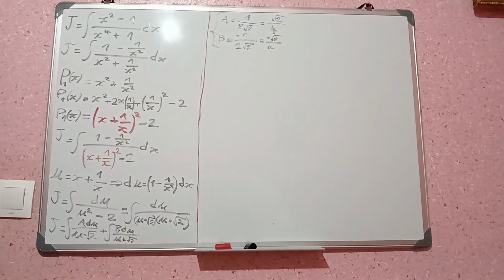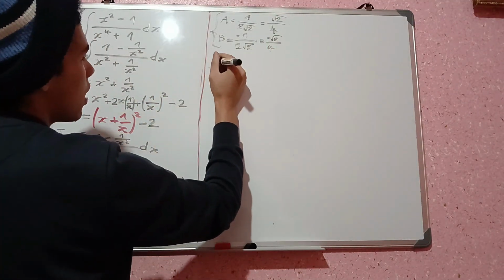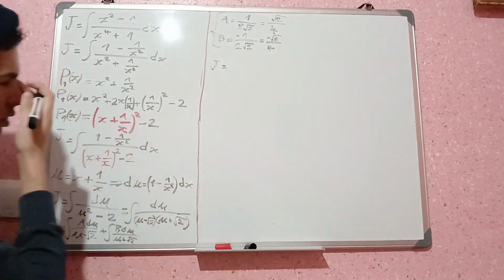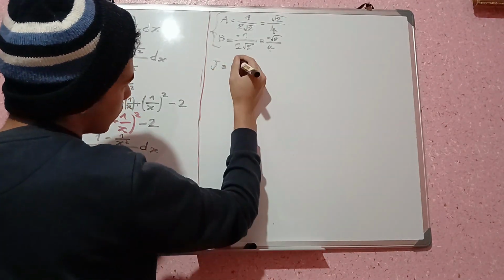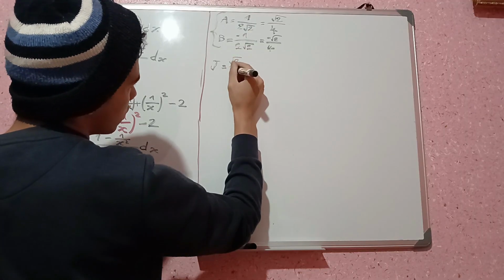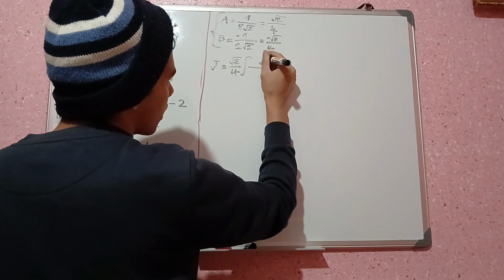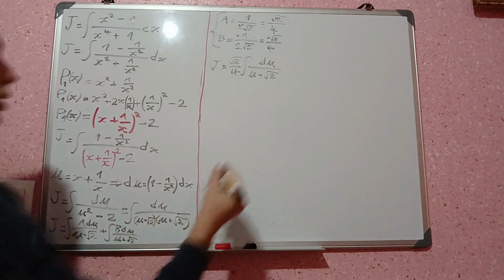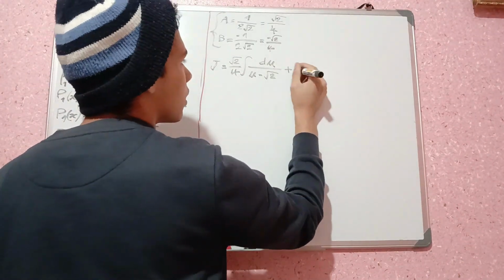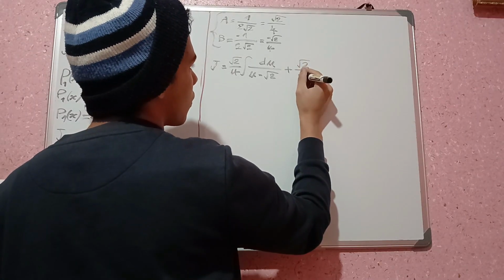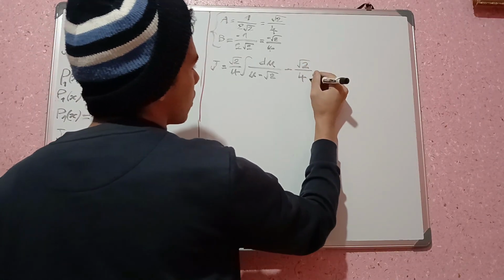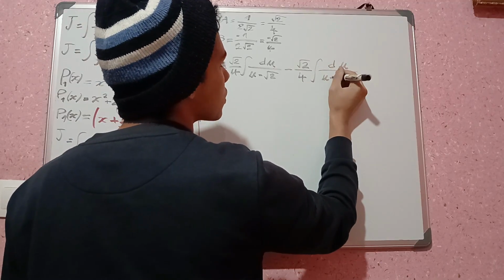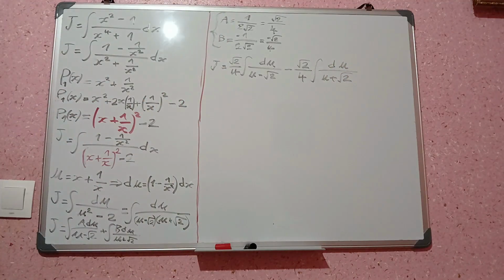Okay, let's continue. Before writing the integral, we write the coefficients because they are just constants. g equals square root of 2 over 4 times the integral of du over u minus square root of 2, minus the integral of du over u plus square root of 2.